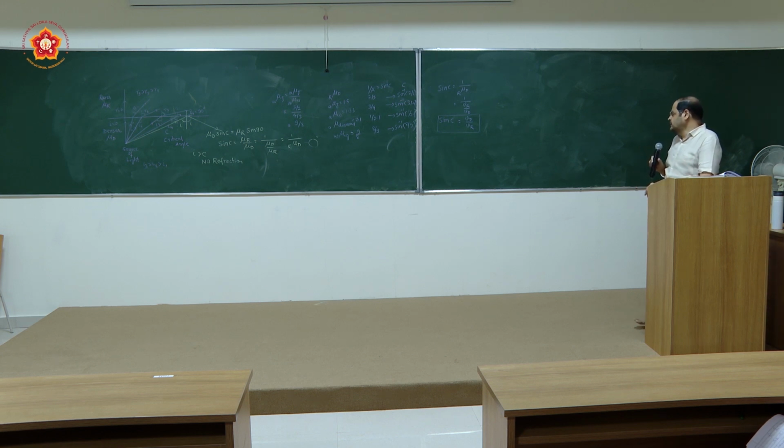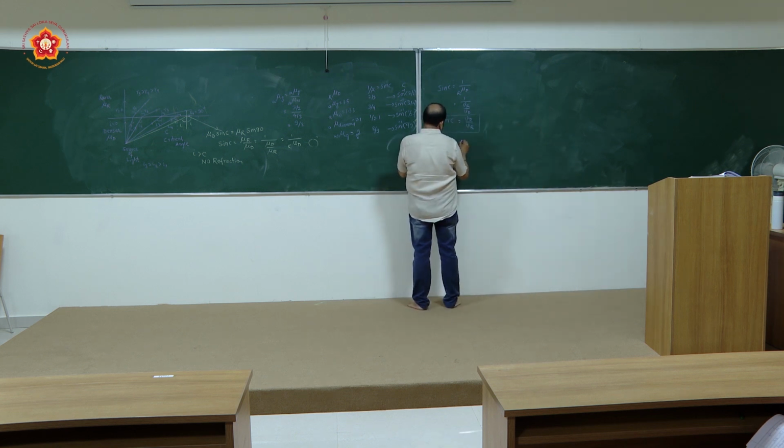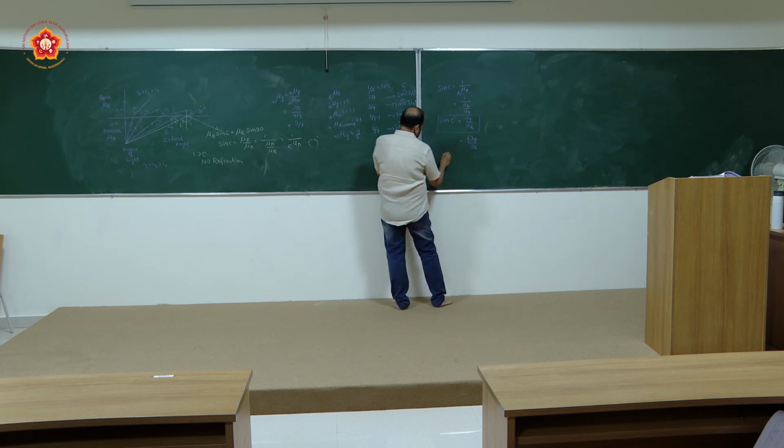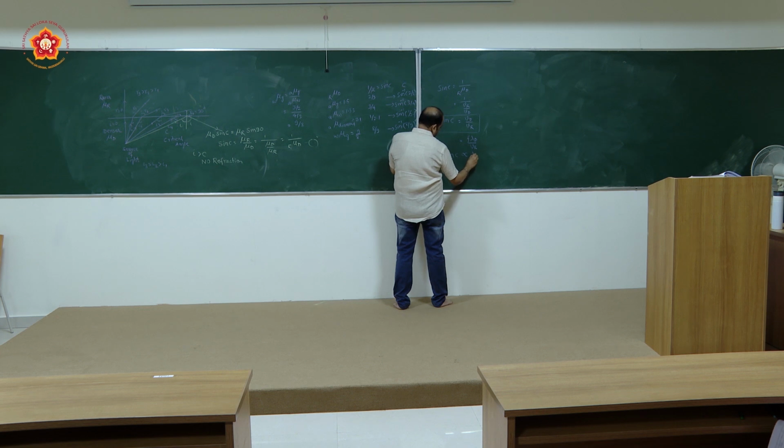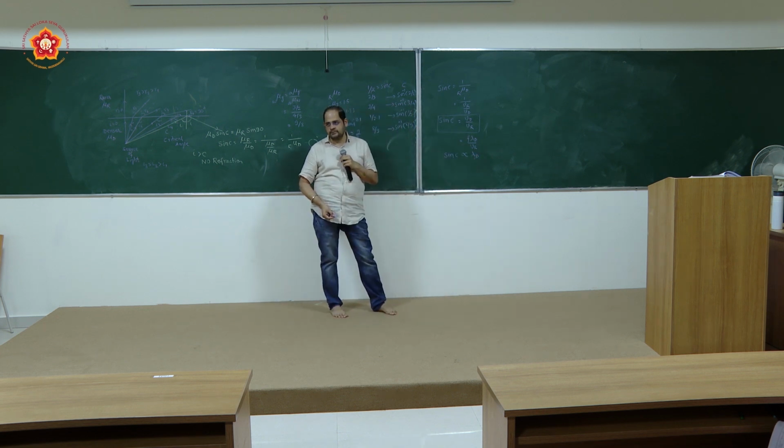So you can put it down here, this to be equal to frequency into lambda in denser medium upon velocity in a rarer medium. So sine of critical angle is directly proportional to lambda in a denser medium. Am I right?